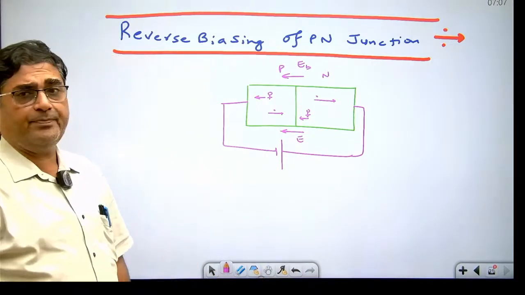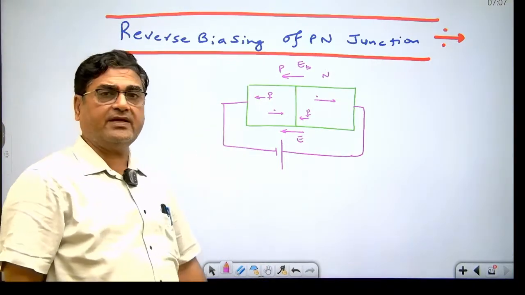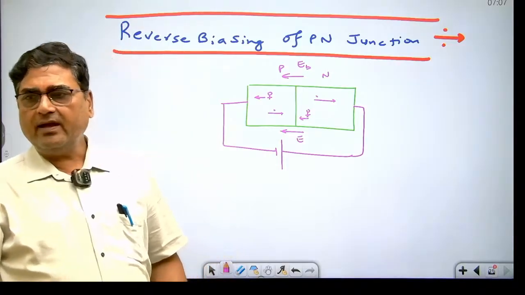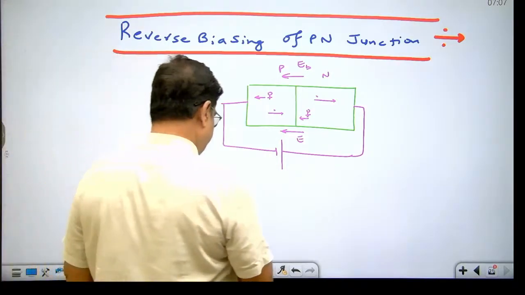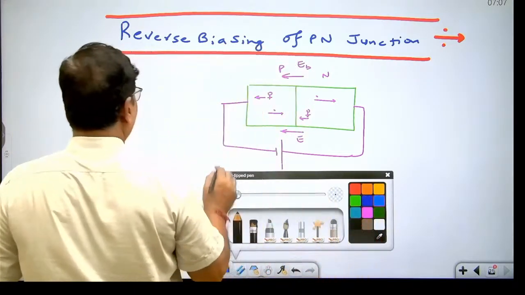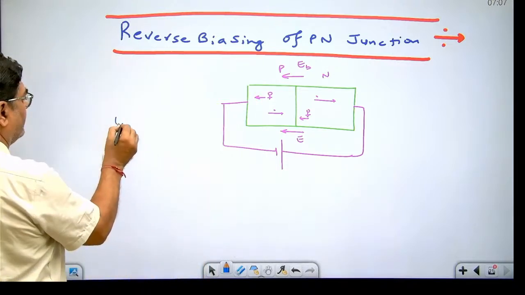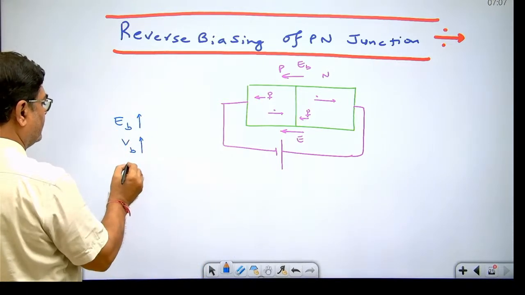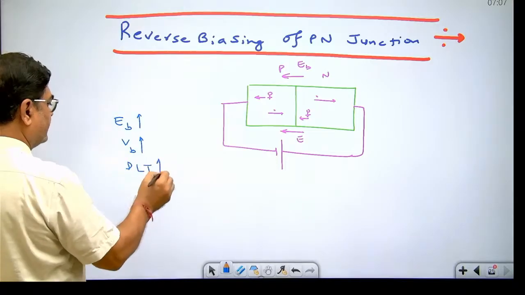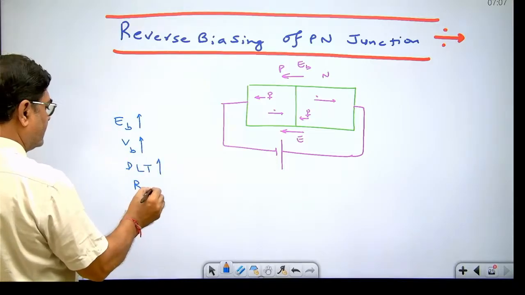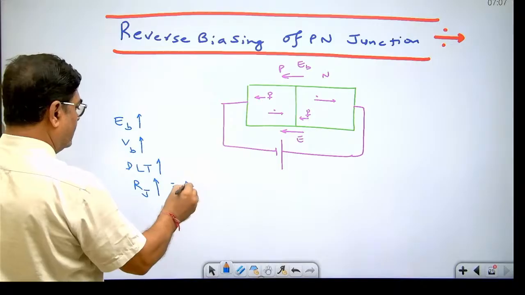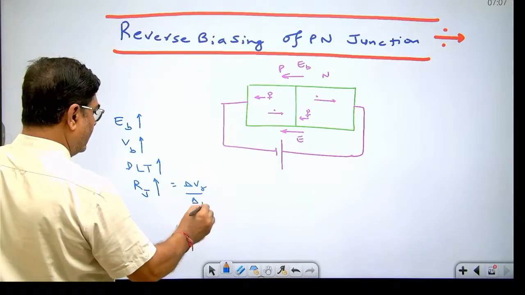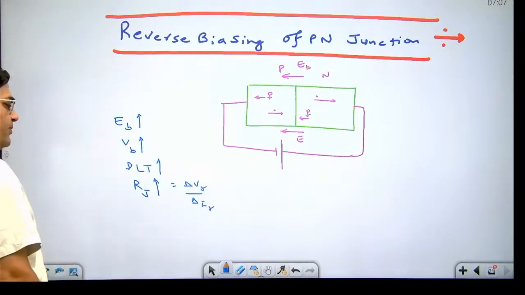So what happens when a PN junction is connected in reverse biasing? Under the influence of reverse biasing, the barrier electric field increases, the barrier potential increases, the depletion layer thickness increases, and the junction resistance increases, that is delta VR upon delta IR, change in reverse voltage upon change in reverse current.